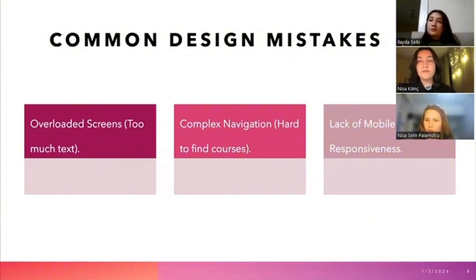In addition, lack of mobile responsiveness creates difficulties for users who access platforms through their phones or tablets. Failing to prioritize the content is also a major mistake, as important information can become lost among less relevant details.